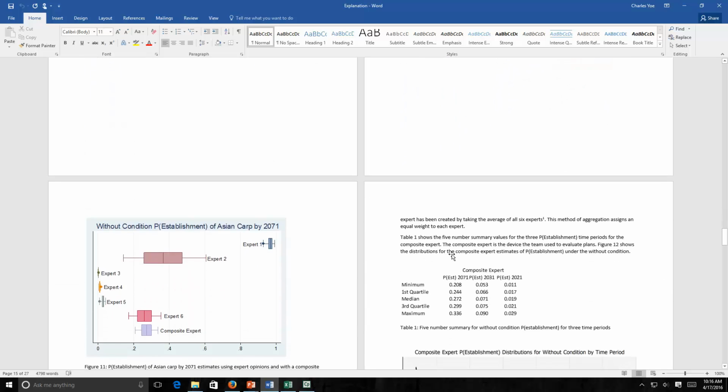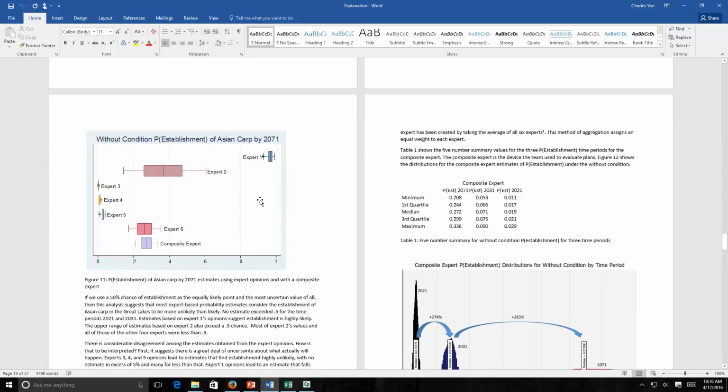If we look at 2071, expert 1's uncertainty is reducing. This person feels certain, or relatively speaking, more certain that there will be establishment by 2071. Expert 2, by contrast, is becoming more uncertain.